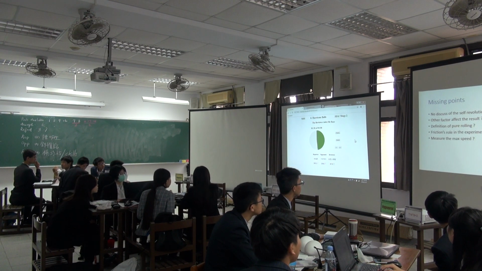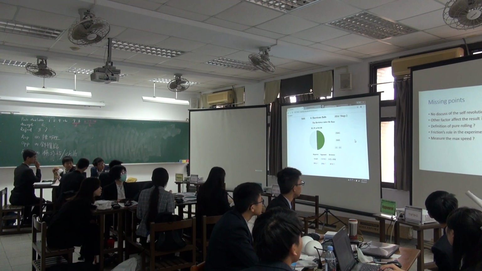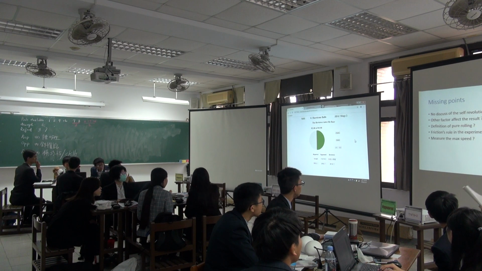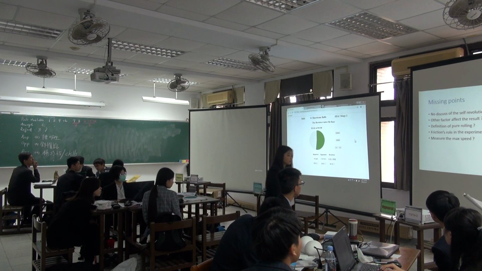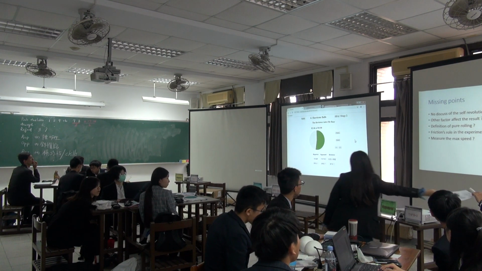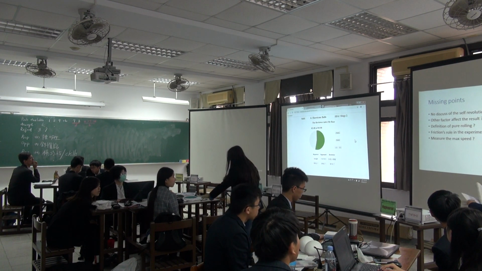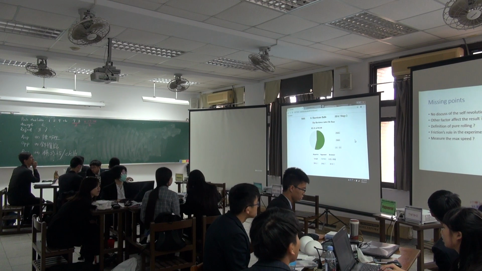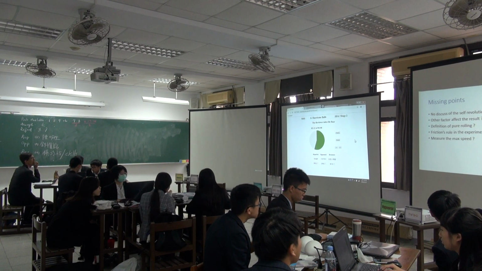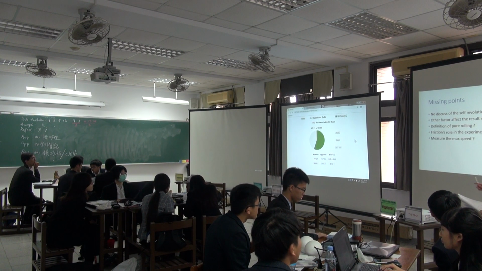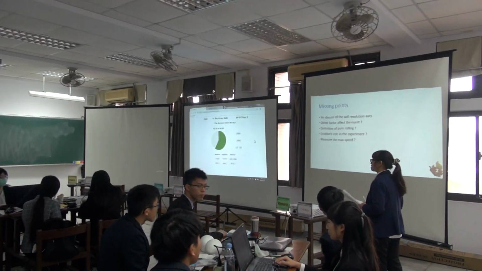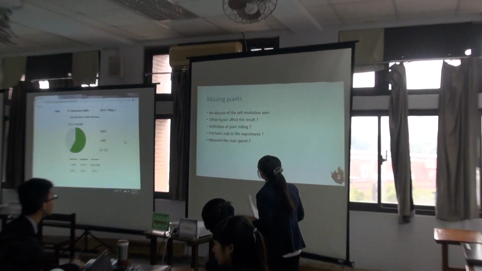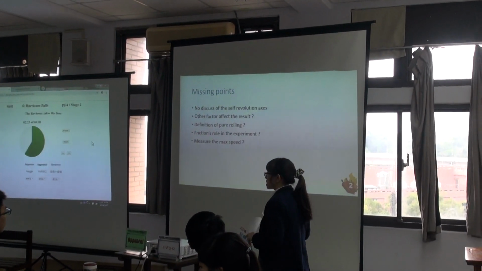It's about a missing point, because his presentation shows the self-revolution, but does not discuss the revolution axis between them. Other factors affect the result, because he doesn't mention any other factor. And the definition of paralleling is not explained well.